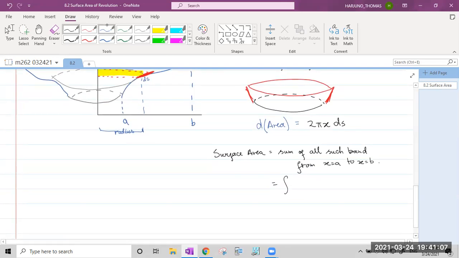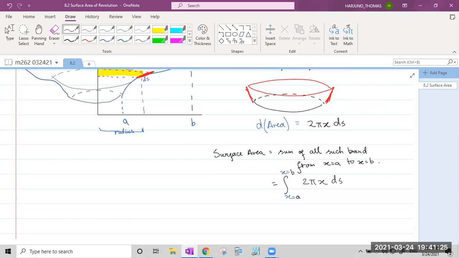Let me write it down first, but this is x though. This is x equals A to B, 2 pi x ds. Now, like what I said to you before, this is not an appropriate notation.